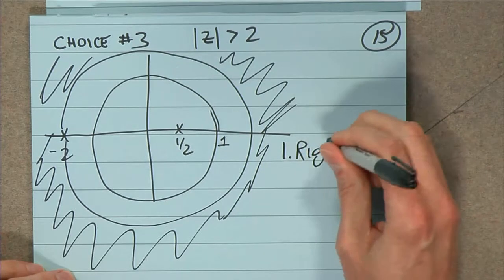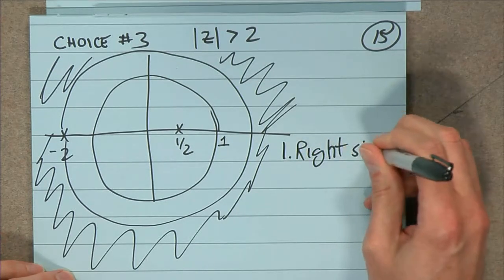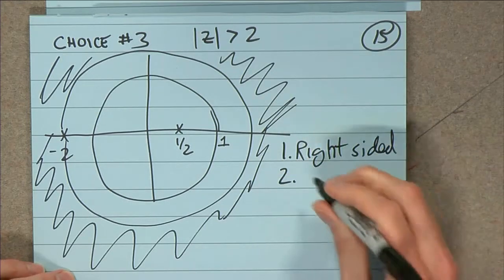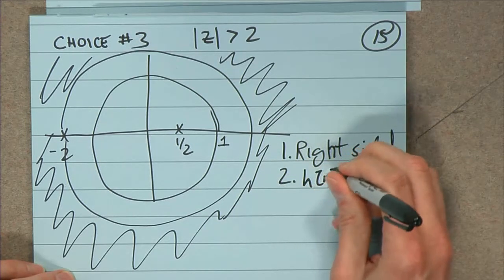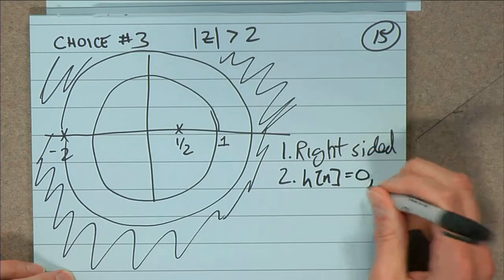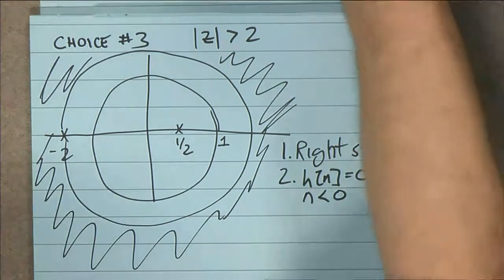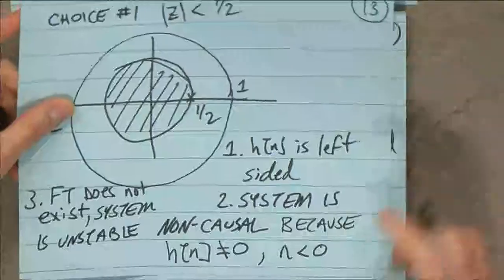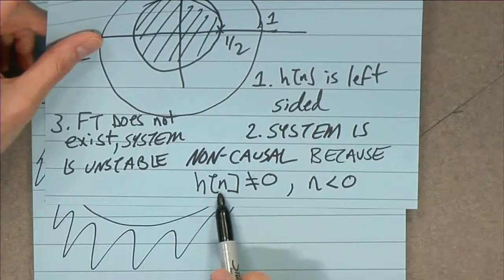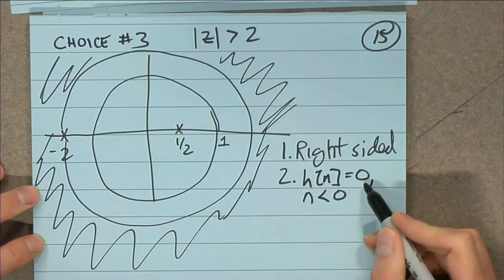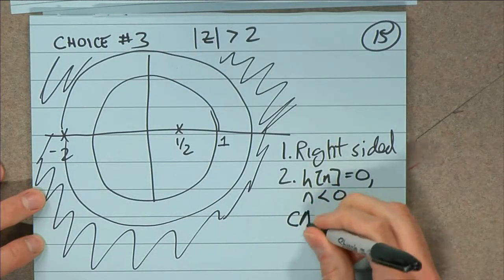So that's a good start. Luckily, since it's right-sided, I'll write this out a little bit. h of n equals 0 for n less than 0, which is good because, as I've said before, if h of n does not equal 0 for n less than 0, you're in the non-causal regime, but since we're in this case, the system is causal.